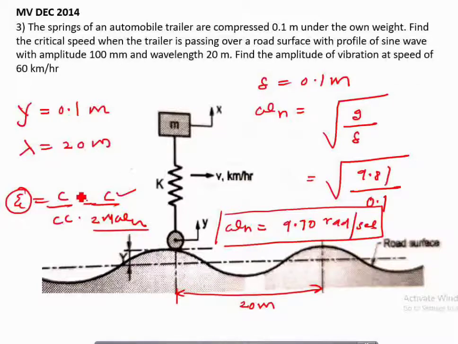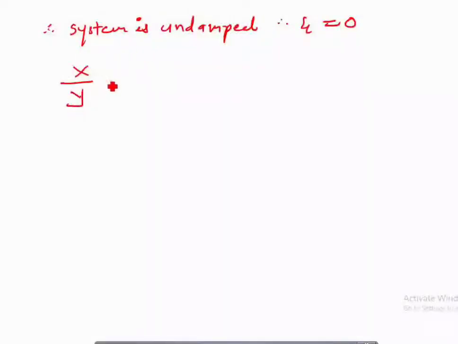So we can assume that the corresponding system is undamped, because no value of zeta or C is given. So assuming the system is undamped, zeta is 0. Now when zeta becomes 0, there is some modification in the formula which you have to understand.